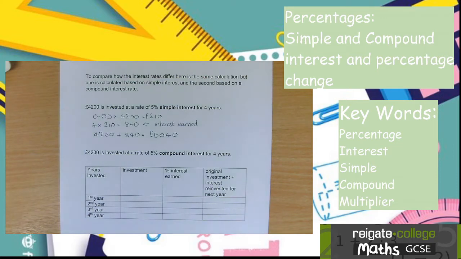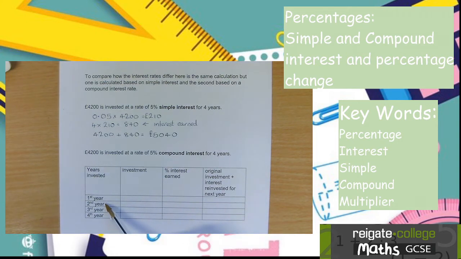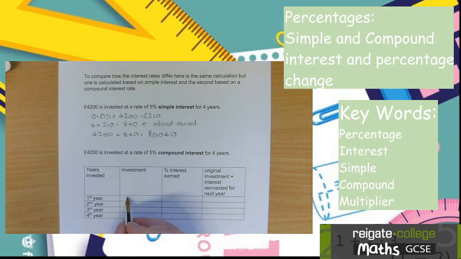I've detailed a table below to show exactly what compound interest is. You can see I've listed out each one of the 4 years that my money is going to be in the bank. And in this column here, I'm going to put my initial investment.